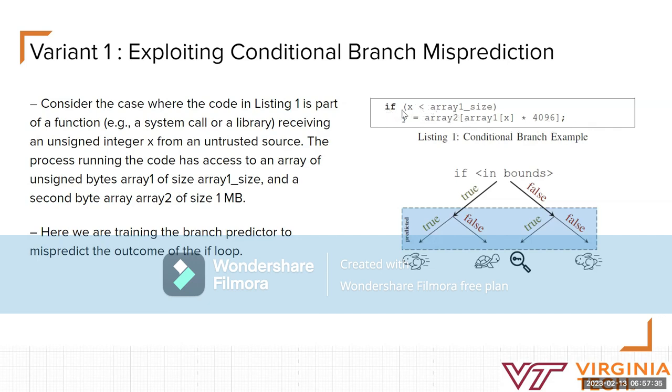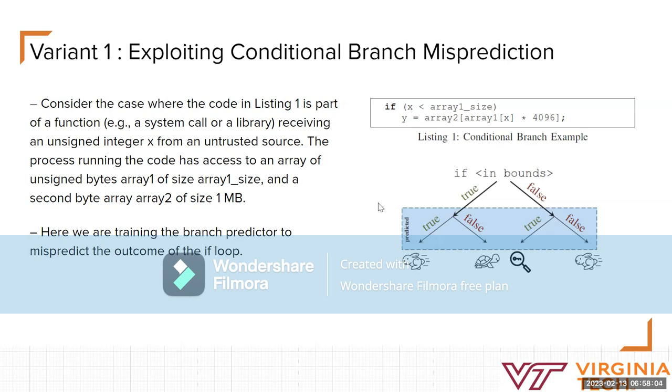What we are going to do is train this branch to always assume that this if condition holds true. I run the program once, the if condition is true, great. Now the branch thinks that the next time my if condition might again be true. I run it a second time, my if condition is true. This time the machine trusts that every time I run, the if is going to be true.